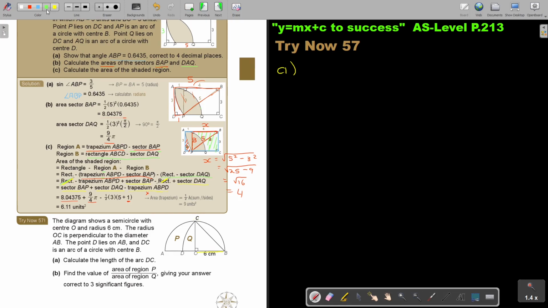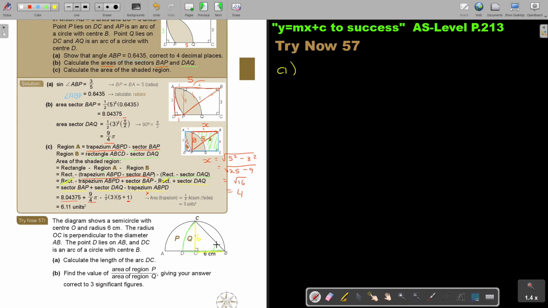So the first thing I want to know, what do I need? I need an angle and I need this line. So this is what I need, and I'm going to make use of this triangle here. If this is 6, this is also 6, because this is the radius, this is also the radius.